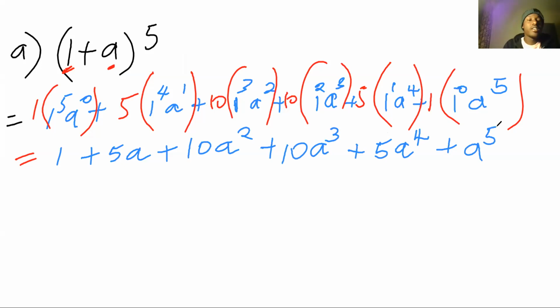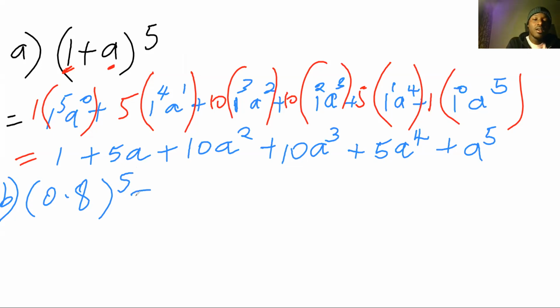Then now we use the expansion to solve what? At B. Use the expansion to solve 0.8 to power 5. So to use this expansion to solve 0.8 to power 5, you have to equate it to the initial expansion, because they are all to power 5. So it's 1 plus a to power 5.